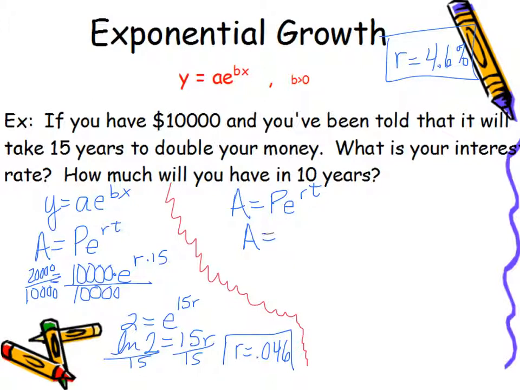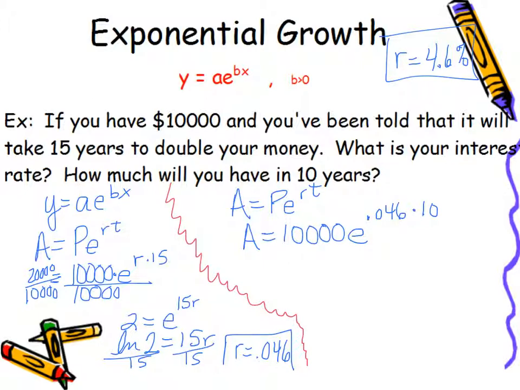If I start off still with the $10,000, e to the, now I know what my interest rate is, and it says in 10 years, so I'll take that times 10. Now since I know it takes 15 years to make 20,000, my answer here should be less than 20,000. And let's just type that in.